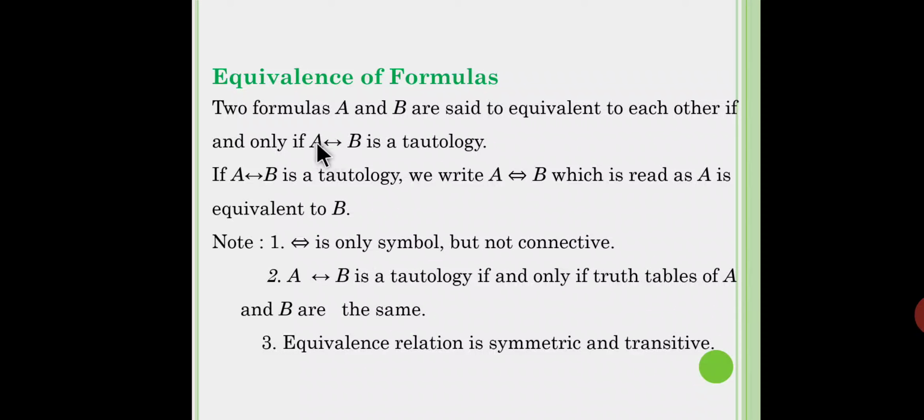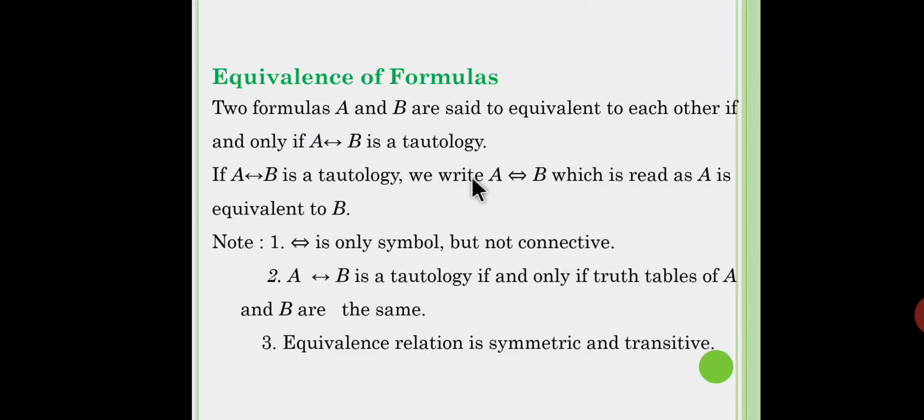When A has truth value true, then B also has truth value true. When A has truth value false, then B also has truth value false. Then we say that A ⇔ B is a tautology.